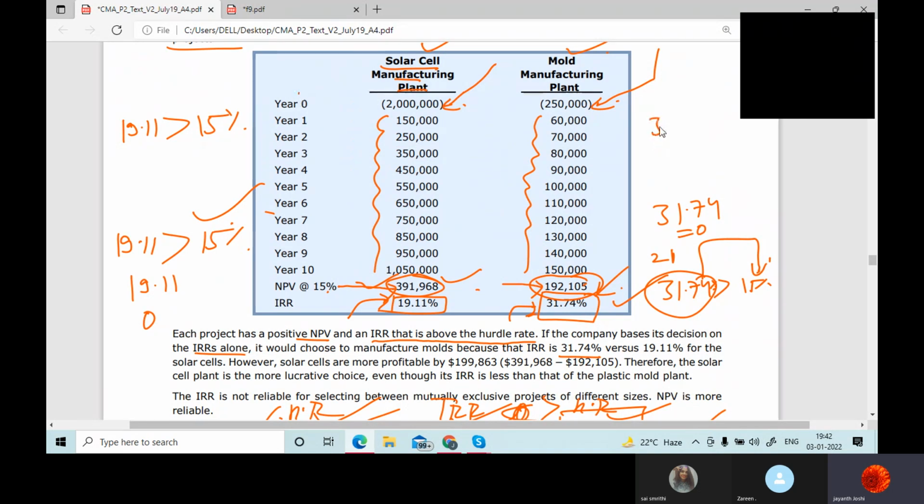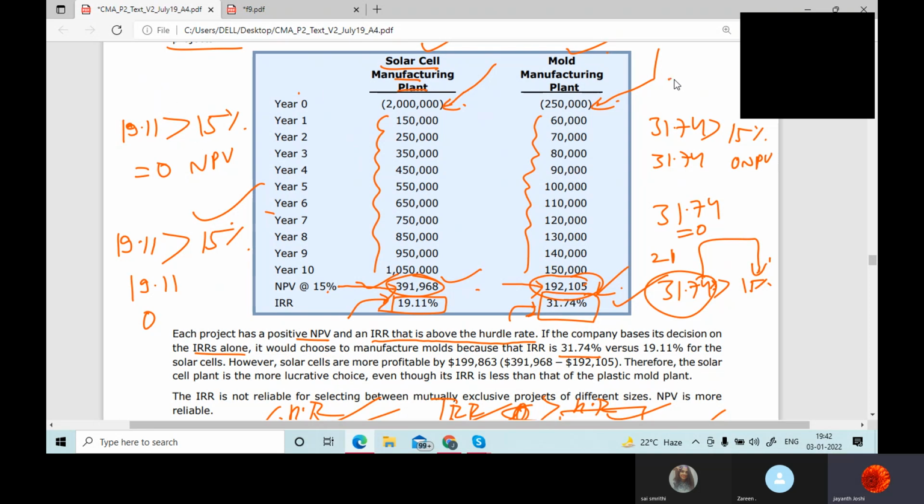Accept the project. 31.74 is more than the hurdle rate. Accept the project. What I'm saying is, here with 19.11 you'll get 0 NPV. With 31.74 you'll get 0 NPV.